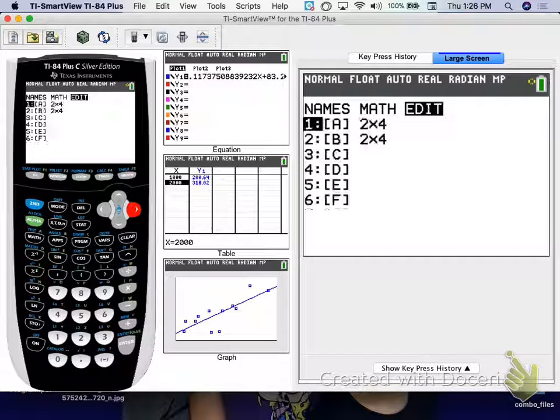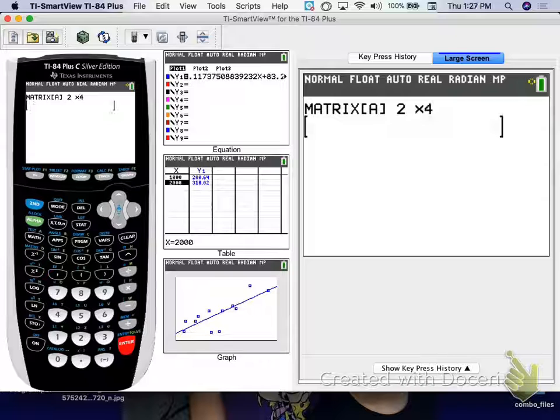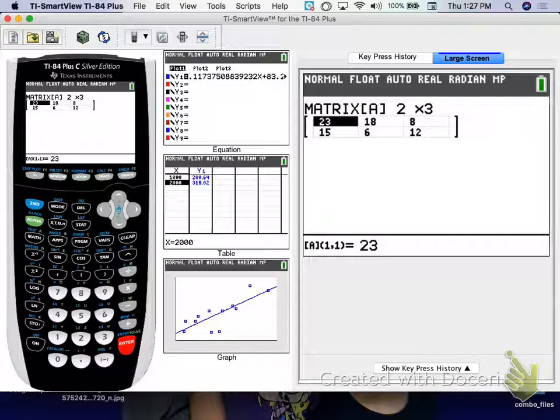We're going to edit this, and this is going to be a 2 by 3 matrix. I'm looking for my example here. Here we go. Okay, so we've got a 2 by 3. We're going to put in our numbers, those 39, 16, 8, 21, 14, and 17.